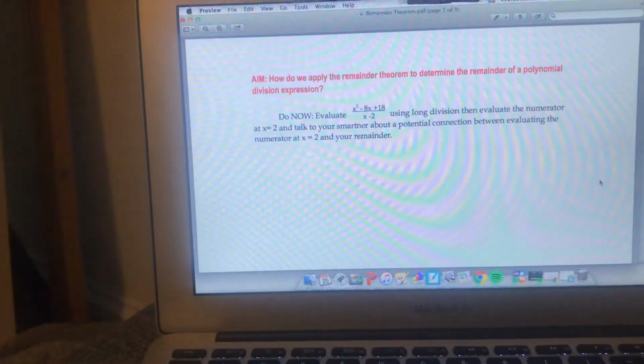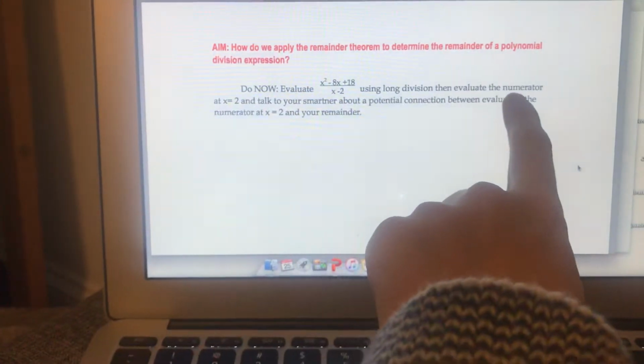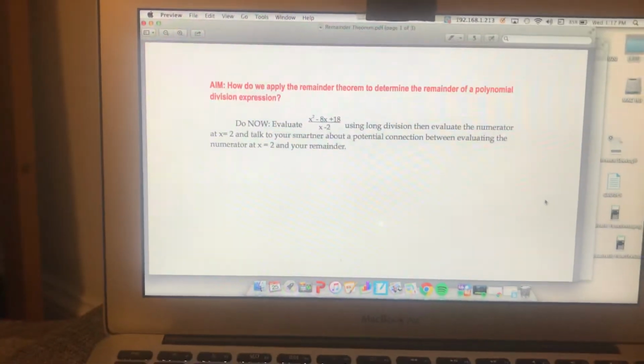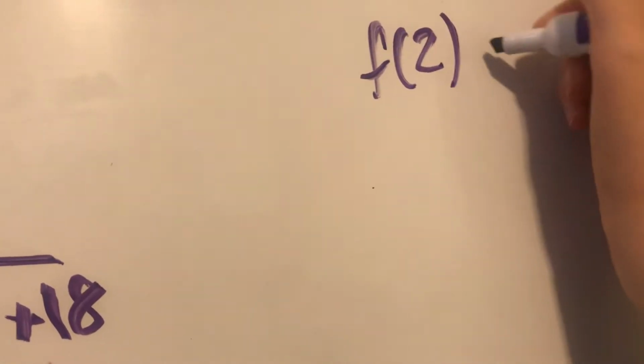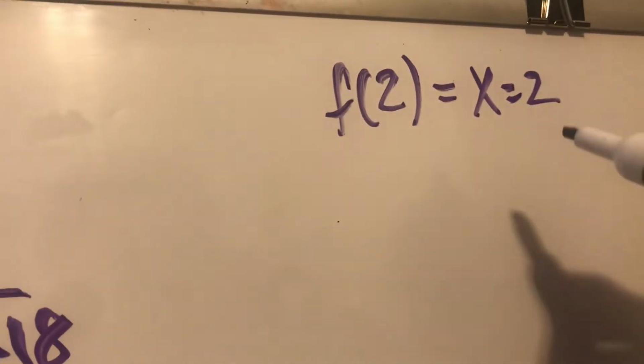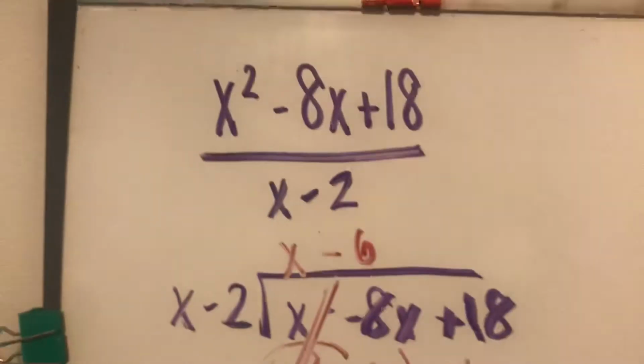But now, in your do now, I'm saying to you guys, I want you to evaluate the numerator at x equals 2. So I'm saying to you pretty much, hey, I want you to either do f of 2 or x equals 2, that means the same thing, and I want you to substitute that into your numerator.